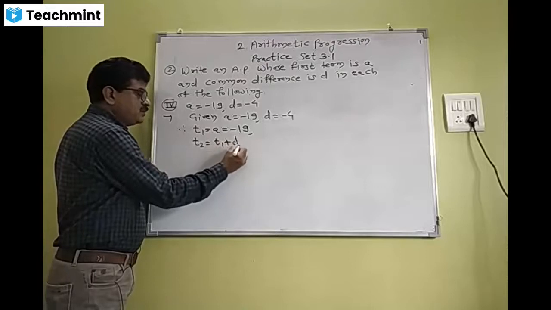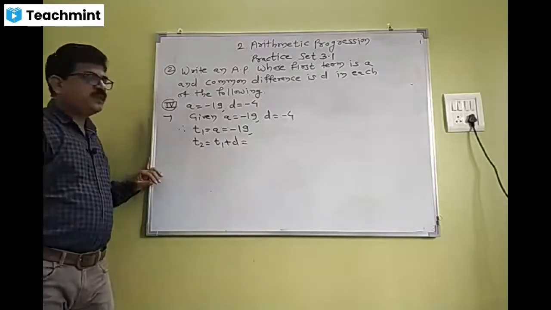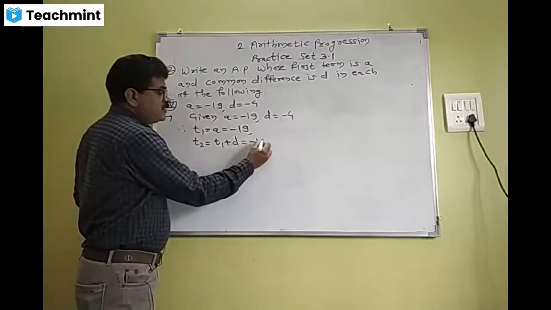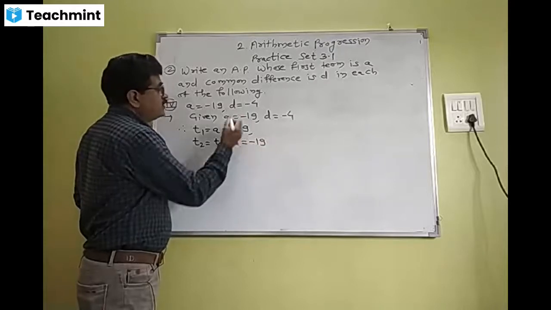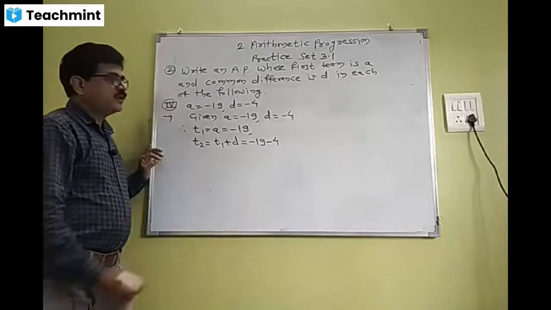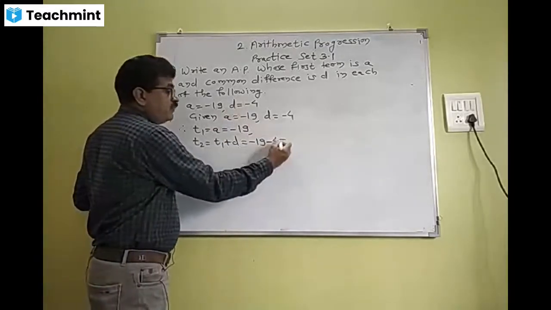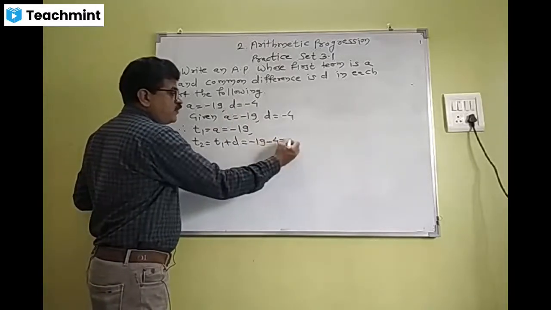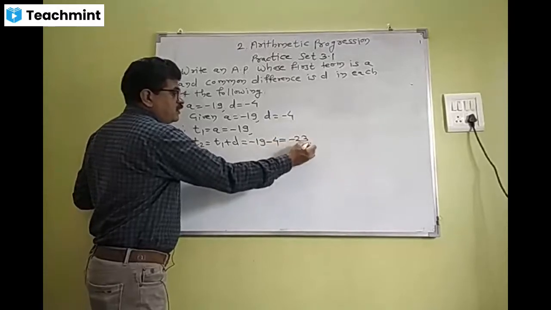T1 plus D. Value of T1 is minus 19 plus D is minus 4 is equal to, minus 19 minus 4 is minus 23.